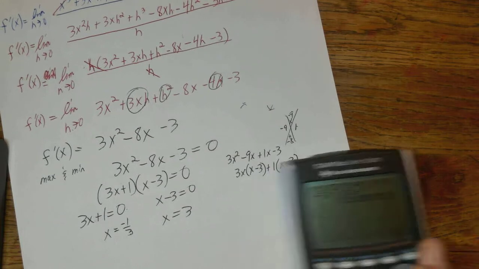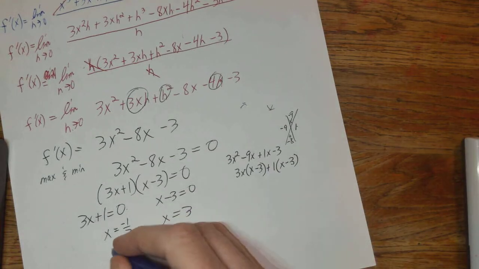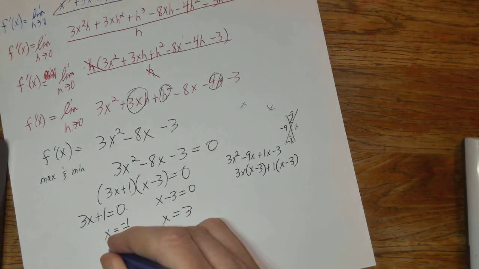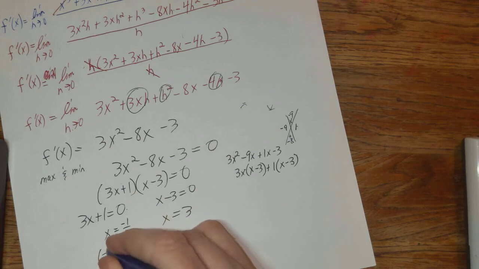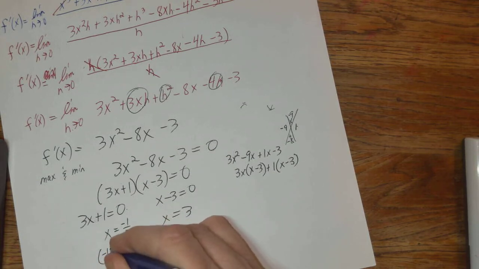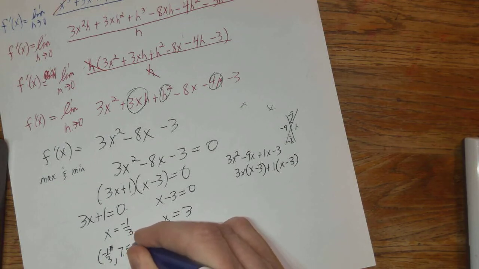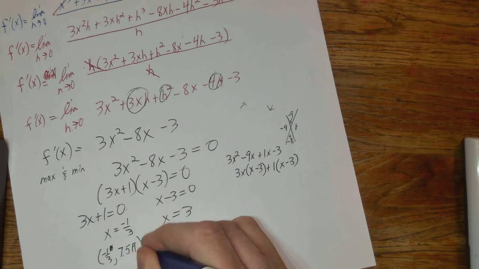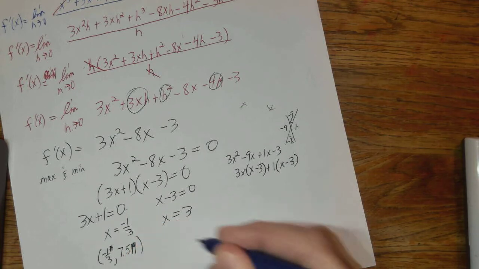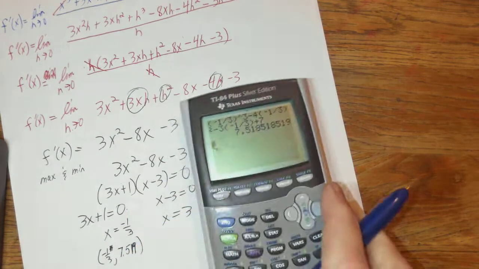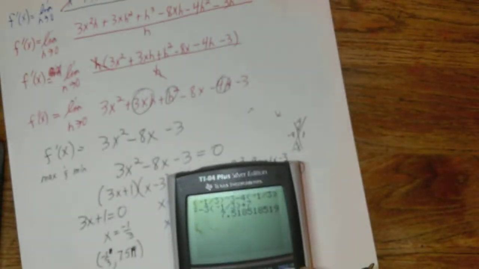All right, 7.518. That looks like I'm going to go approximately, so negative 1/3, and I'm just going to go 7.519 approximately. Okay, and then when I plug the 3 in, and that's a repeating decimal, it looks like it would be easy enough to change to a fraction, but I'm not going to do that right now.